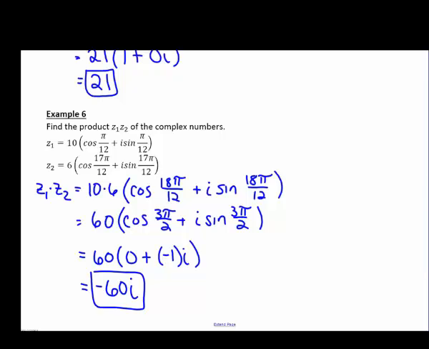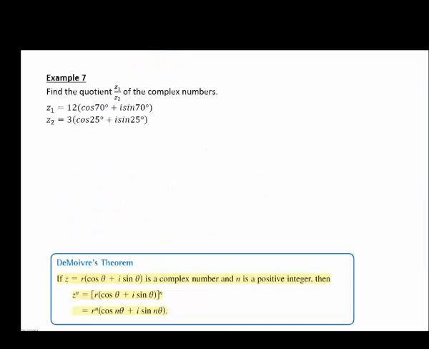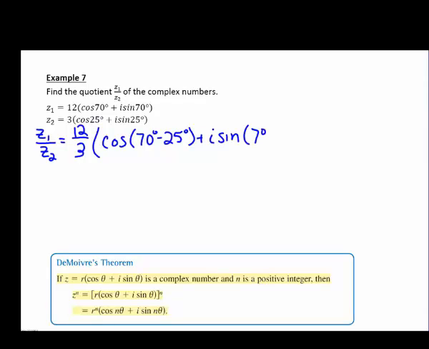Now let's take a look at a quotient. Okay, so we're going to use our quotient formula. And so we're plugging in our r values. And now we're going to subtract our angle measures. So we have cosine of 70 minus 25 degrees plus i sine of 70 degrees minus 25 degrees.